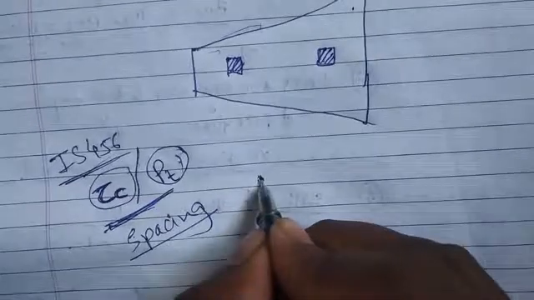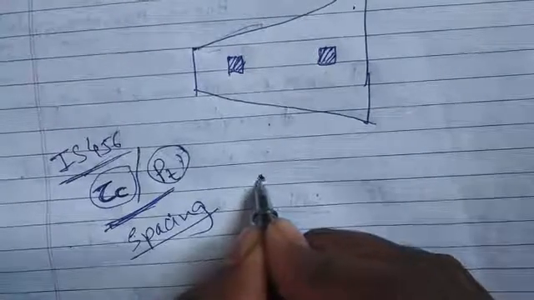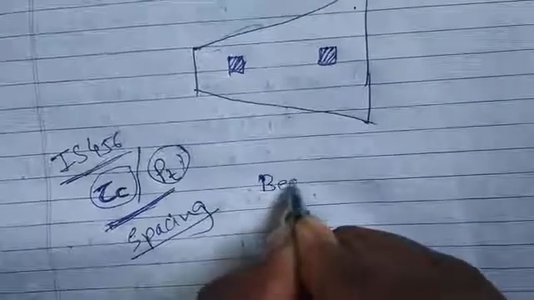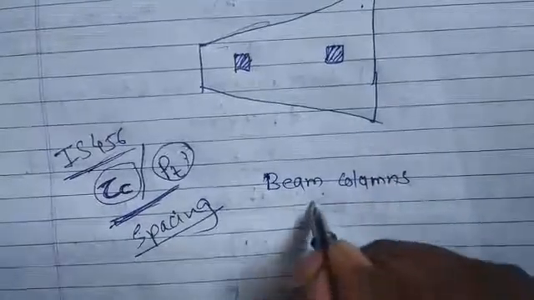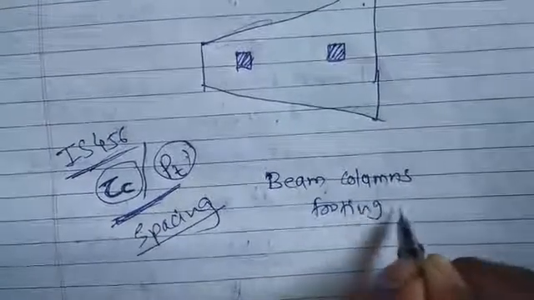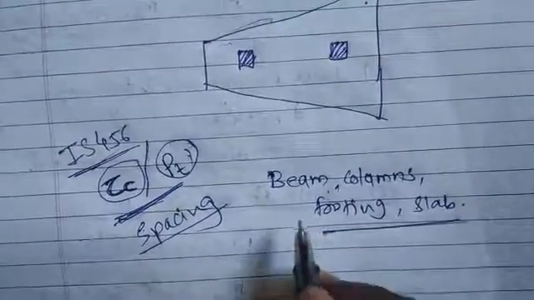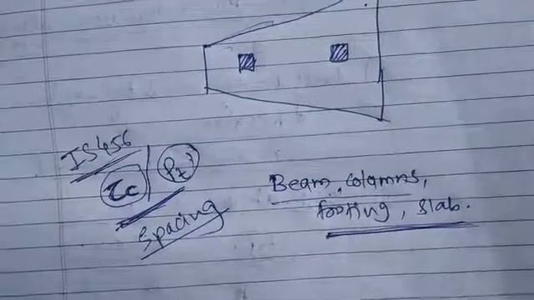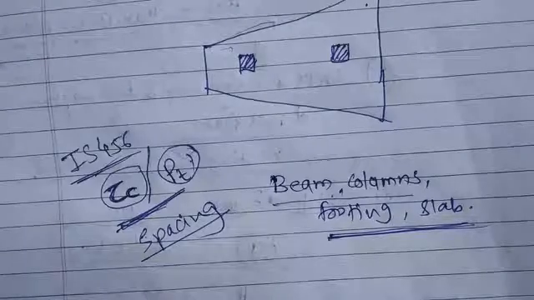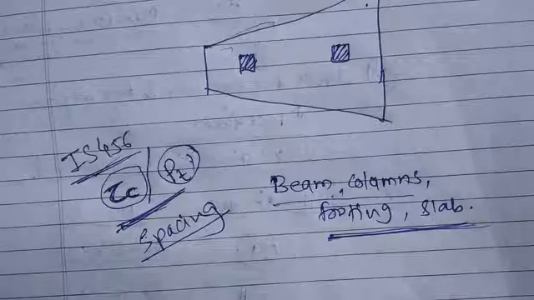Please comment in the comment section how much cover should be provided for beams, minimum cover for beams, columns, footings and slabs. Okay, so you have to write in this sequence. Just comment how much minimum cover we should provide for beams, columns, footing and slab. Okay, so this will be your homework. Let's meet in the next video with design of trapezoidal footing.